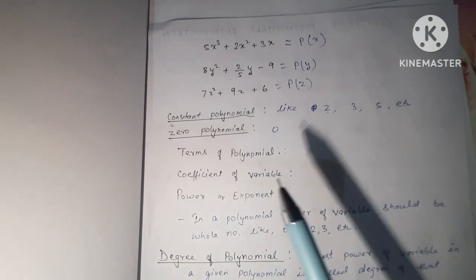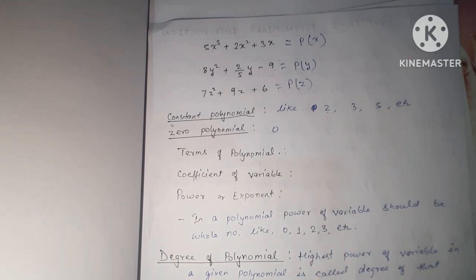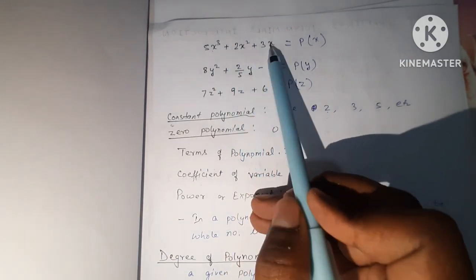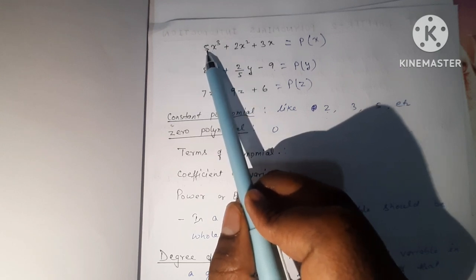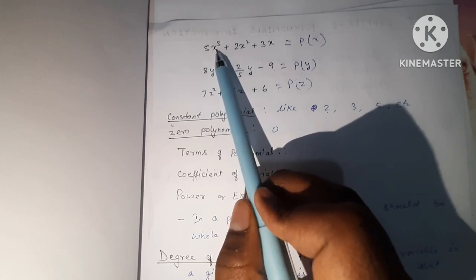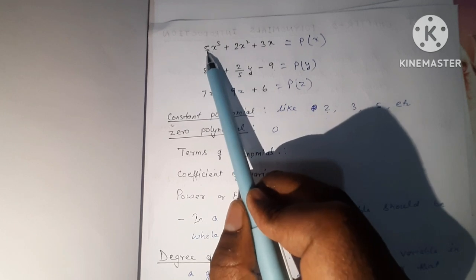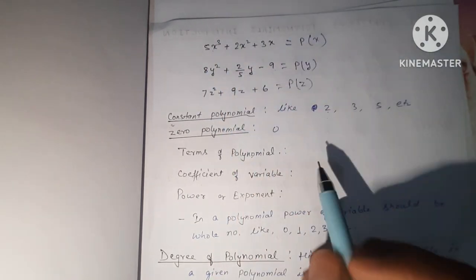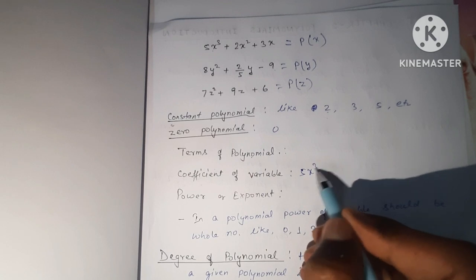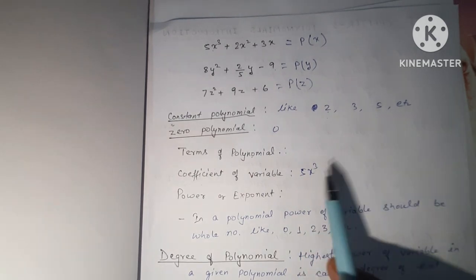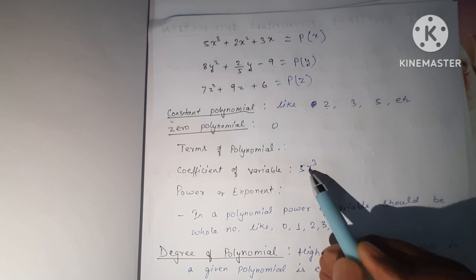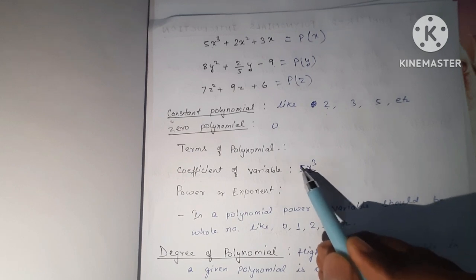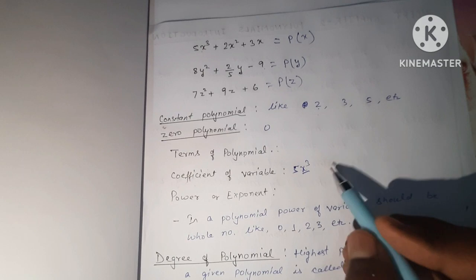Coefficient of variable. Which variable is used here? X. And the constant which is multiplied with the variable is its coefficient. Like if we write here 5x cube is a single term, x is the variable and it is multiplied with a constant 5, then what is the coefficient?